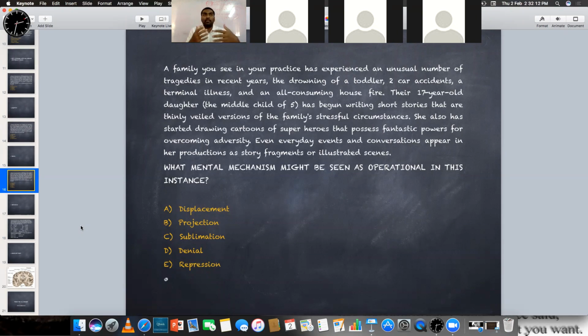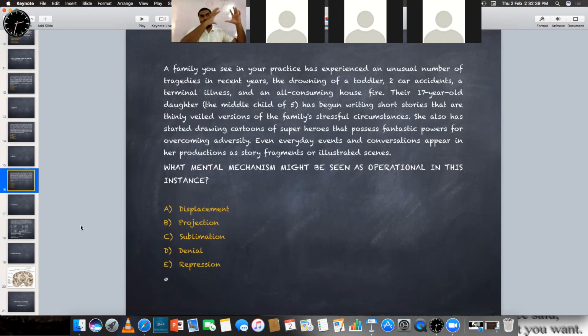So this is sublimation. Like I said yesterday, if you go to an art gallery and you see a painting which is really beautiful, what do you say? It's a sublime picture. But why do you say that? Because the artist has portrayed his emotions, his thoughts into this picture, and you can read the artist's mind just by looking at the picture, what he's trying to say.